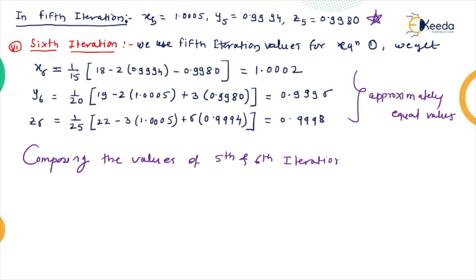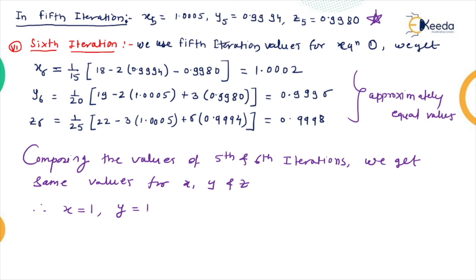The fifth and sixth iterations give the same values for x, y and z. Therefore x is equal to 1, y is equal to 1 and z is equal to 1, which is the required solution.